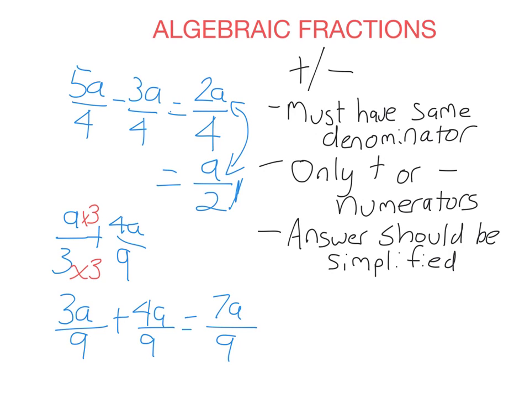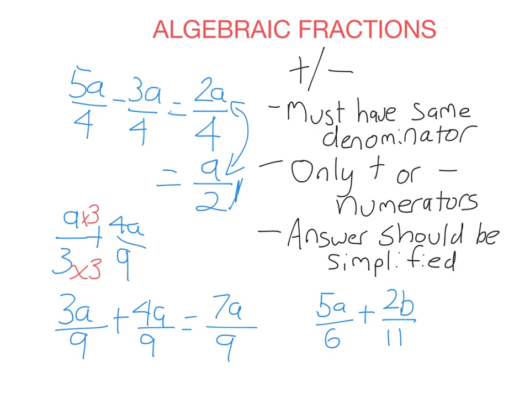Of course, sometimes you won't have one denominator as a multiple of the other. So let's say I have 5a over 6, and I want to add, let's say, 2b over 11. For this, finding the lowest common multiple is a little tricky because 6 doesn't go into 11, 11 certainly doesn't go into 6.